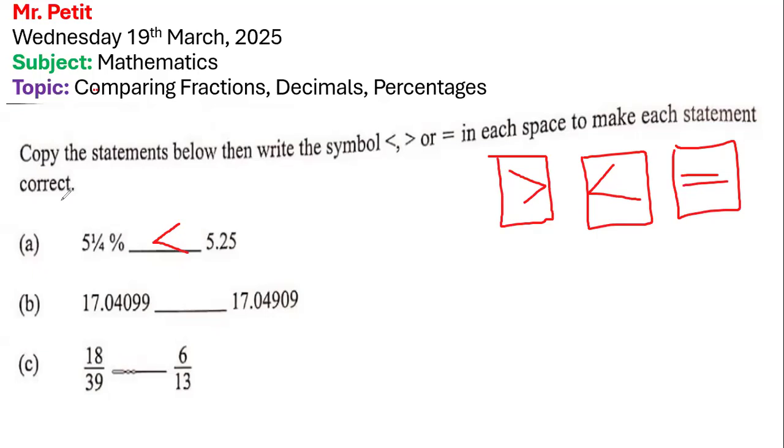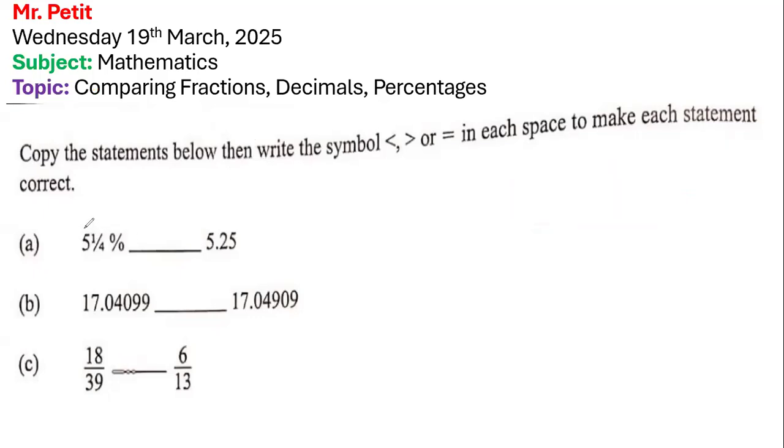Okay, so let's go ahead and see. What is 5 and 1 over 4 percent? The first thing we're gonna do is take 5 and 1 over 4 and express it as a decimal. Let me change it to an improper fraction first. 5 times 4 is 20.